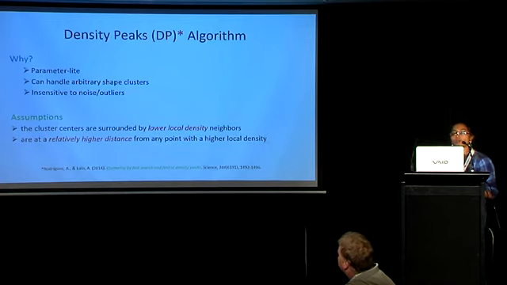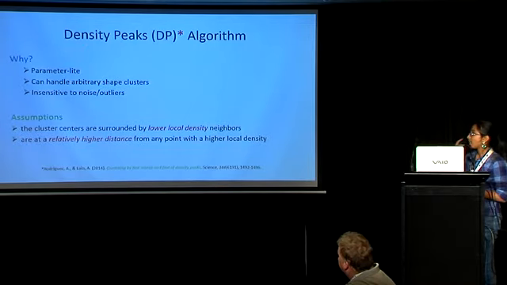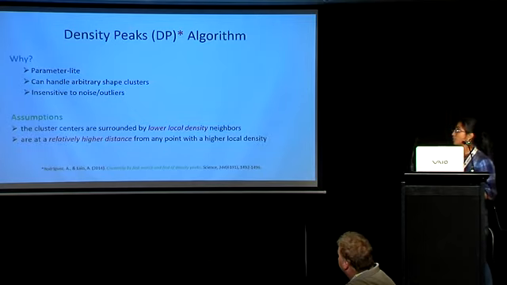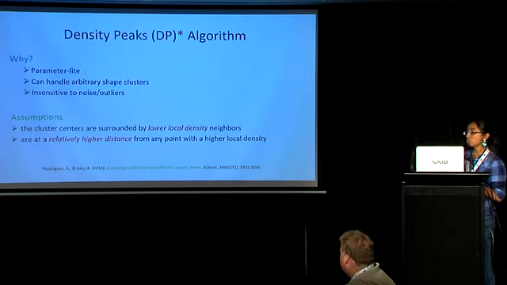Because we want to propose a clustering algorithm which is very parameter light, can handle arbitrary shaped clusters, and is insensitive to noise and outliers. All these properties are beautifully captured in the DP algorithm. The main assumptions this algorithm makes are, first, that the cluster centers are surrounded by lower local density neighbors, and second, that the cluster centers themselves are at relatively high distance from each other. So what do I mean by that?